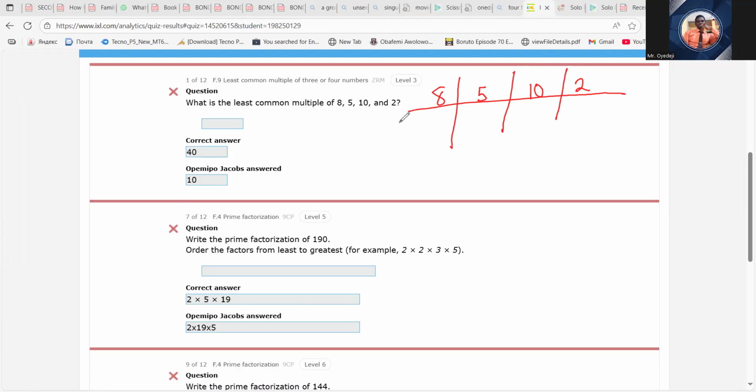So we have 2 times 2 times 2 for 8. This one is just 5. You can put 1 times 1 there, but it doesn't matter at all. Then 10 is 2 times 5. And this is just 2.